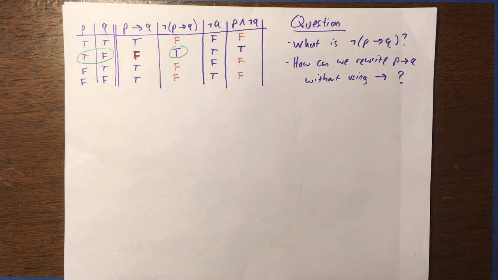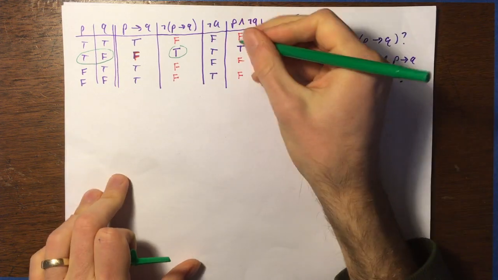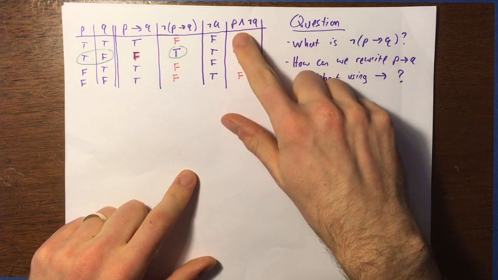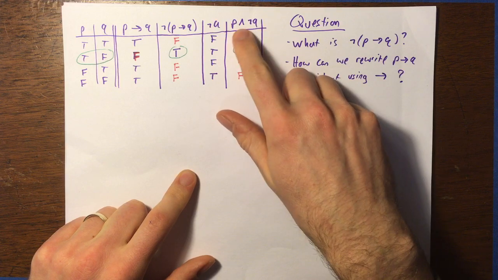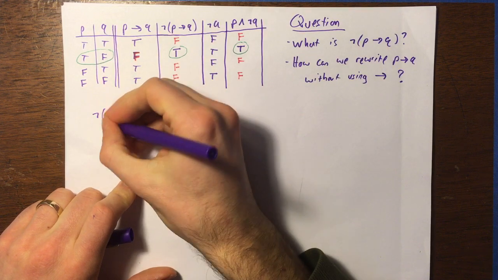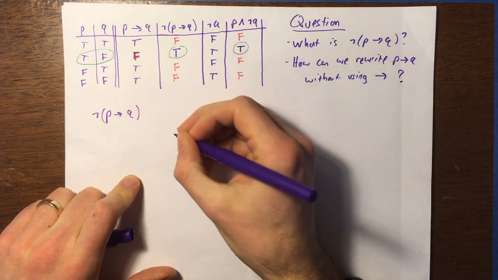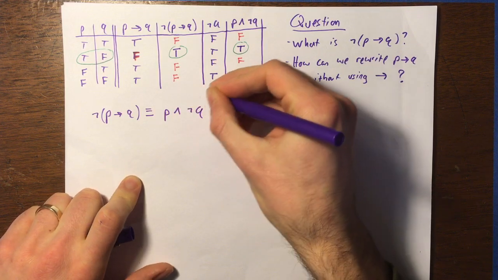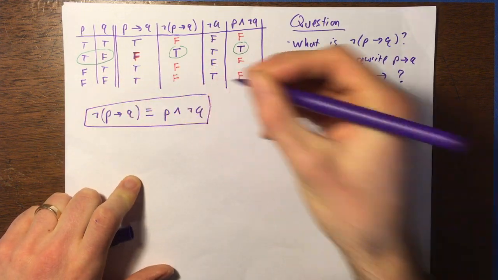So we've been able to produce the exact same truth values in that column, with the only true situation in the second row, by this compound proposition, P and not Q. So what that's shown us is that the negation of P implies Q is equivalent to P and not Q. That is one very useful result.